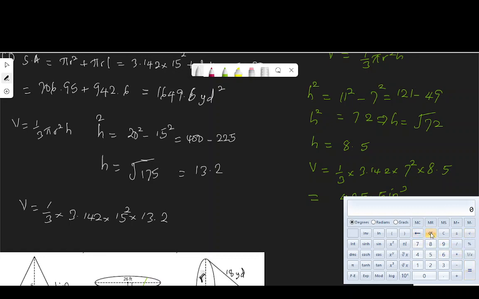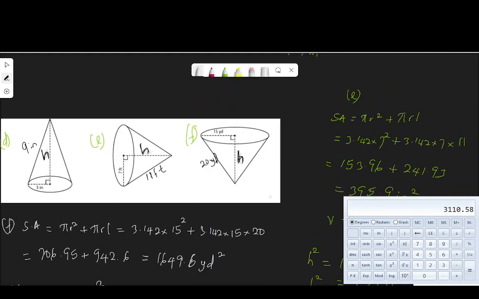Sorry, let me redo that again. 225 multiplied by 13.2, multiplied by 3.142, then divided by 3 is 3,110.6. What is the unit? Yard cube. That is that for question F.